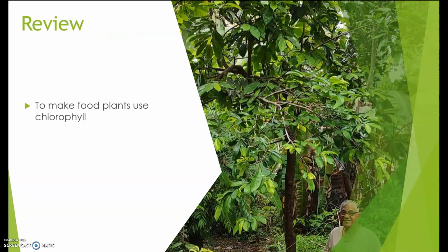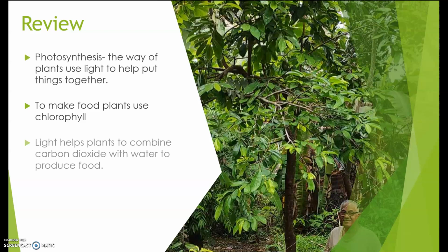So today we will have a review about what we talked about on our previous topic. We talked about photosynthesis, which is the way plants use light to help put things together. Also, to make food, plants use chlorophyll. Light also helps plants to combine carbon dioxide with water to produce food.